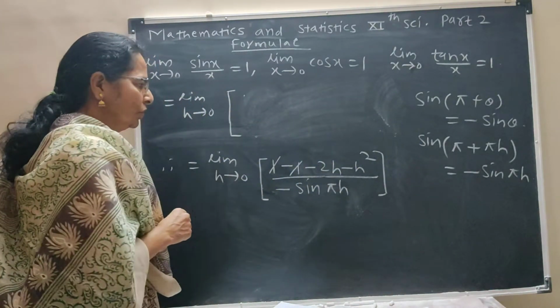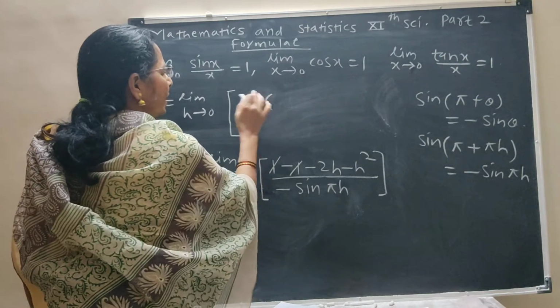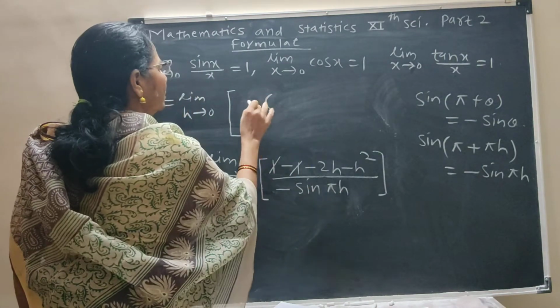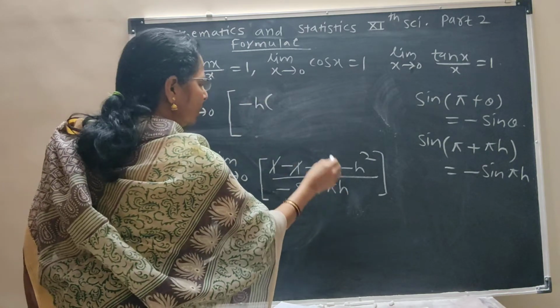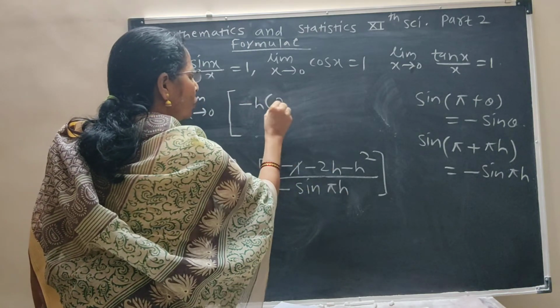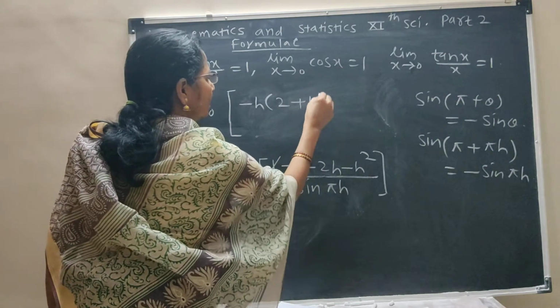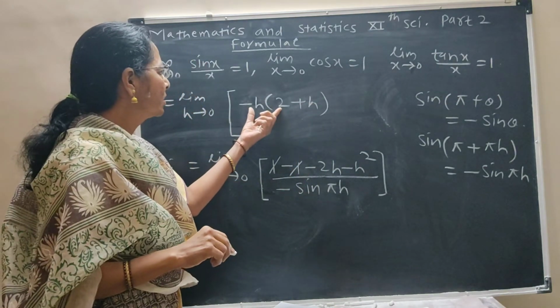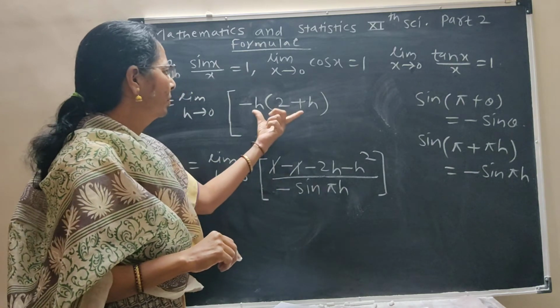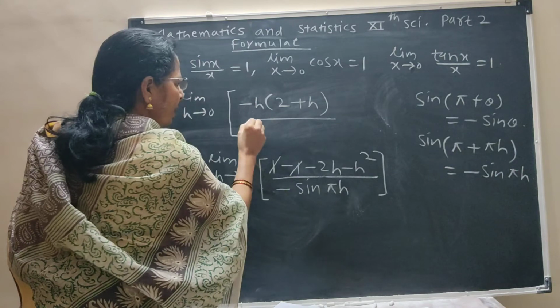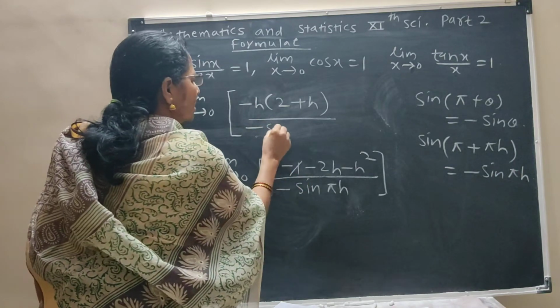Limit as h tends to 0: take minus outside, and take minus h common. So here is 2 and here is h, the product is minus 2h minus h square, upon minus sin pi h.